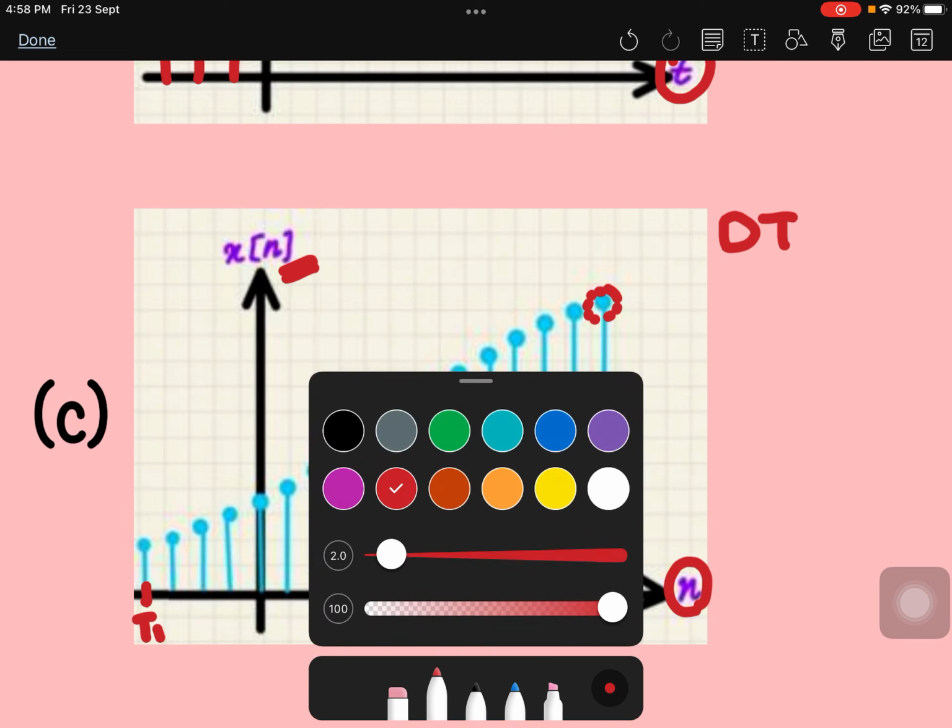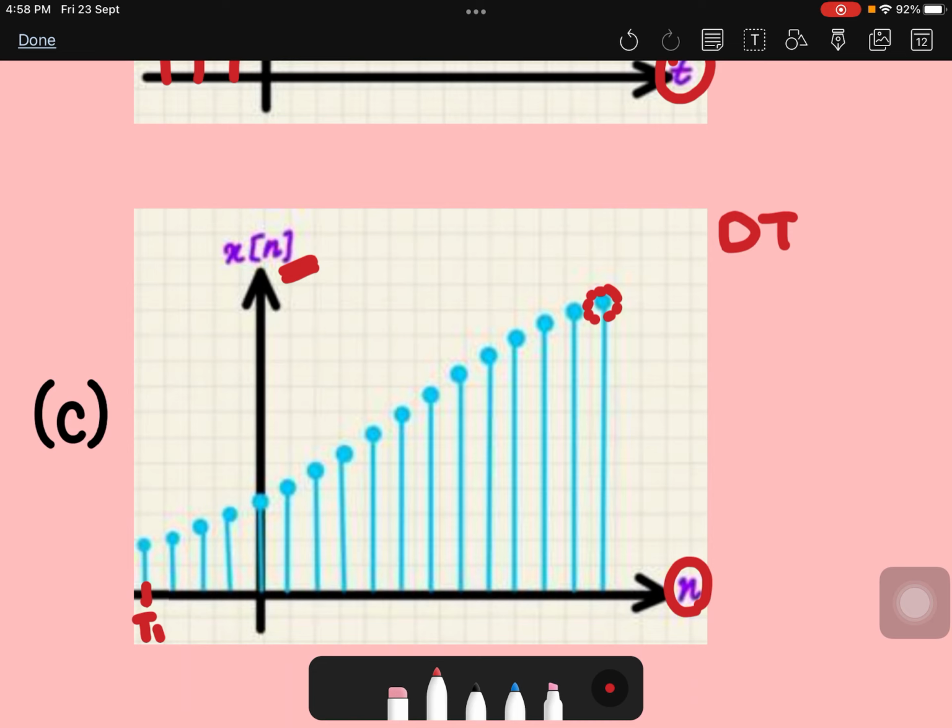At T1, for example, this is the amplitude. At T2 here, this is the amplitude. At T3, it has another value of amplitude. So the amplitude takes on infinite values over this time range. So even though it is a discrete time signal, it is still analog, because the amplitude varies infinitely over this time range.